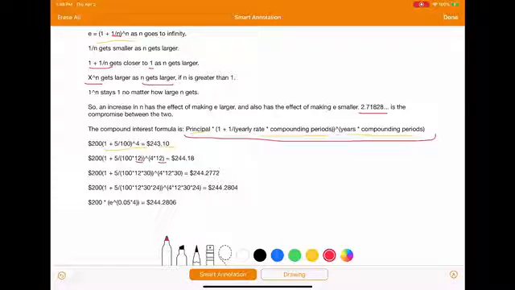But then you end up with ultimately even more money because you count more of those periods. 4 times 12 months is 48 periods over 4 years. So if you've lowered your rate by a 12th because you're compounding it 48 times, you get an extra $1.08. And this pattern continues.